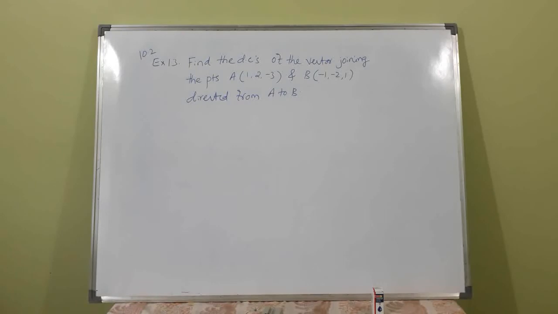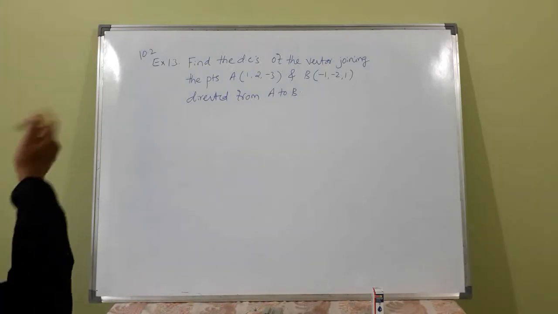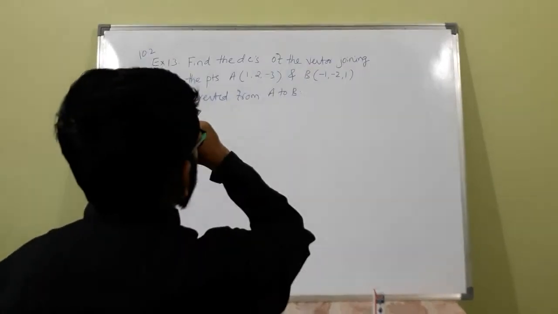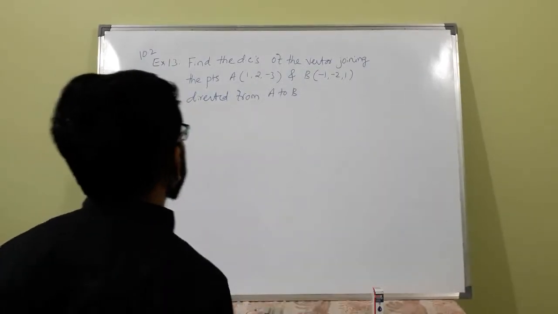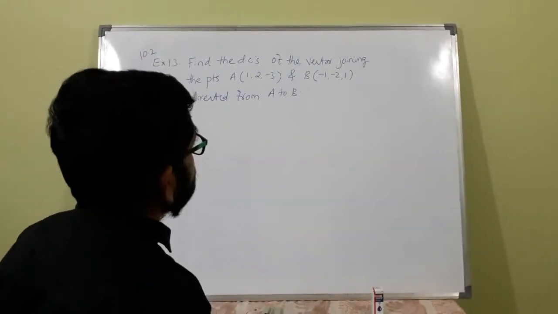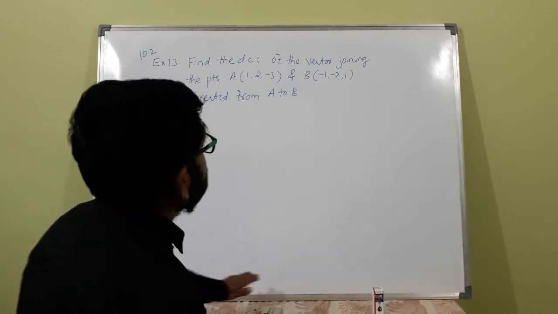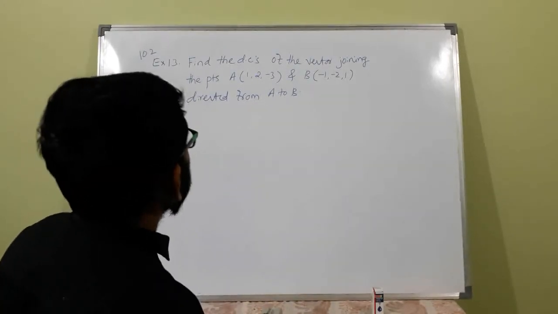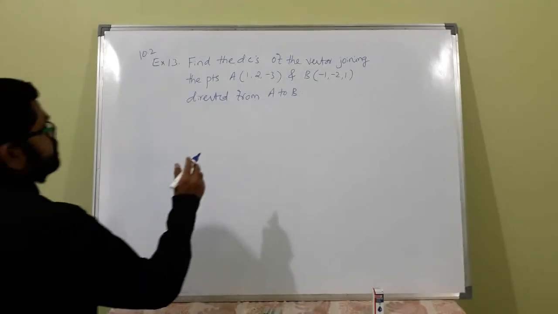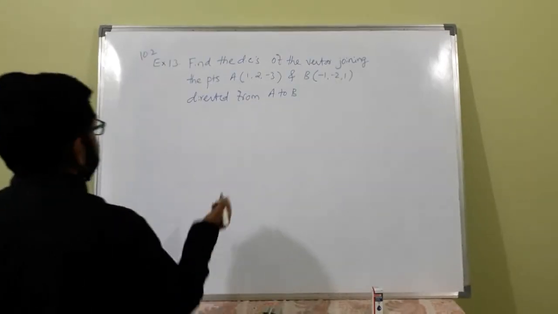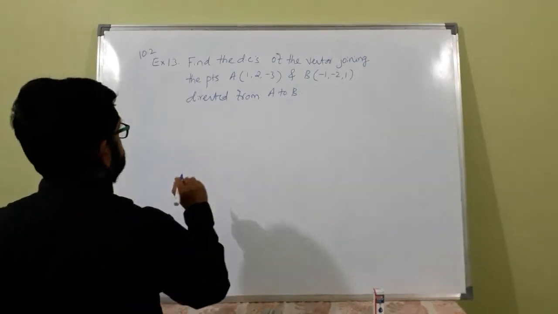See here, this is 13th example. Find the direction cosines. DC means direction cosine. Direction cosines of the vector joining the points A (1, 2, minus 3) and B (minus 1, minus 2, 1), directed from A to B. Yesterday you studied that, which one?